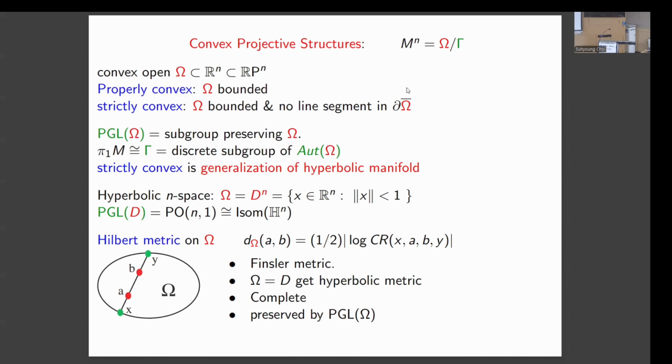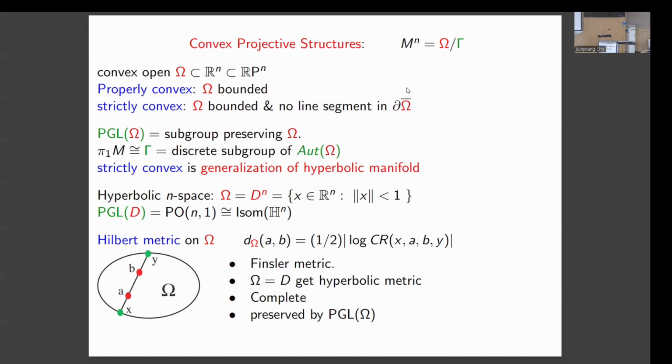So we're going to be looking at manifolds which are the quotient of either a properly convex domain or a strictly convex domain by an action of the fundamental group of M. So we're going to have some isomorphism taking the fundamental group of M into a discrete group gamma of projective automorphisms that preserve omega. And so that's the kind of objects I'm going to be looking at.